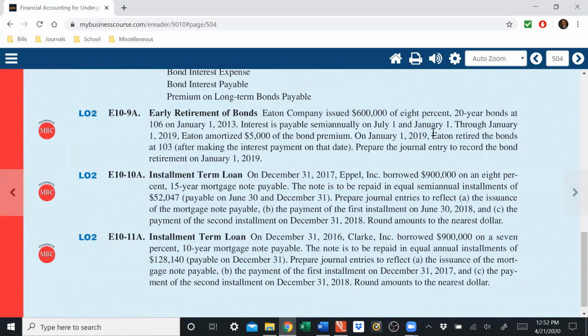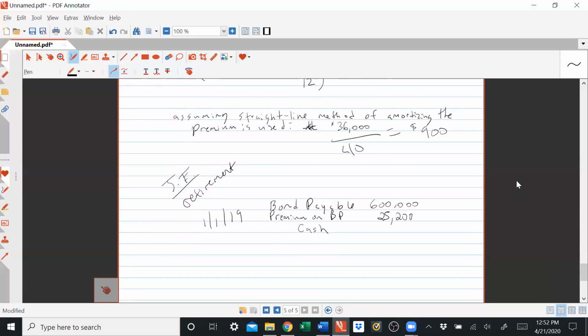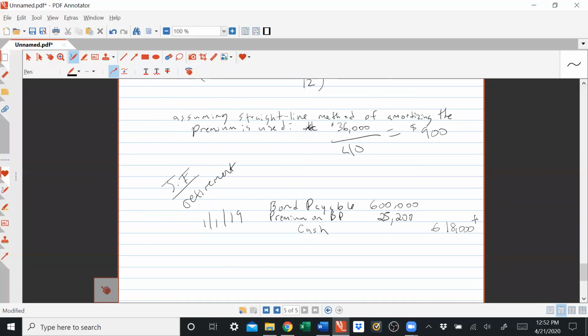We retired the bonds at 103, which means we had to pay 1.03 or 103% of the face value, our original promise. So that is 618,000.